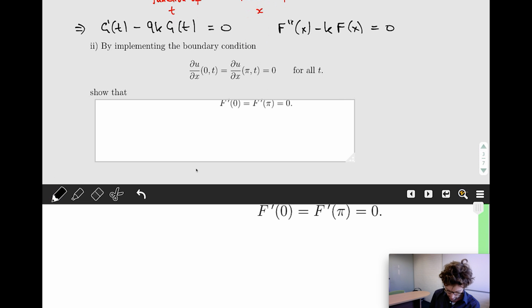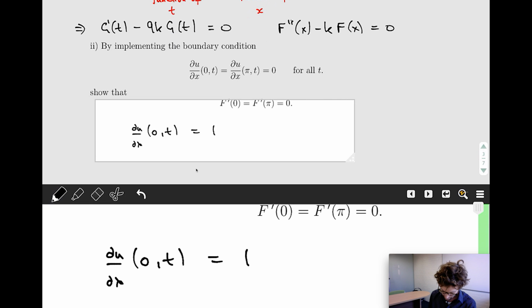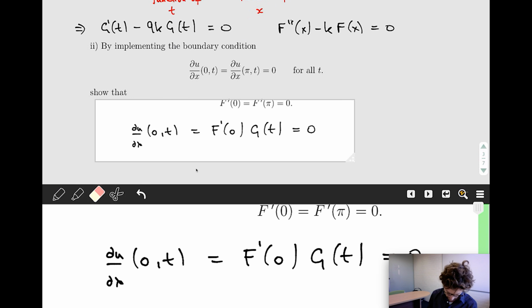So I've got u of x and t is f times g, so du dx at x equal to 0 will be f prime g of t, because of course that partial derivative with respect to x only affects f.